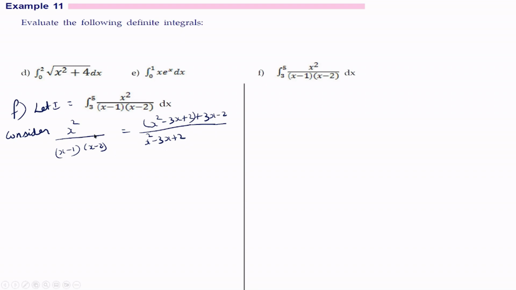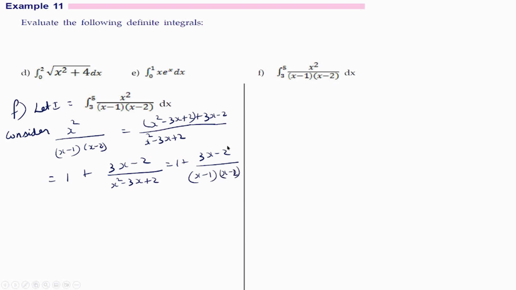So that we can have this together and 3x plus 2 separately. Even if we perform long division, we will get 3x minus 2 as the remainder. So this will be 1 plus 3x minus 2 upon x square minus 3x plus 2. So this is 1 plus 3x minus 2 upon x minus 1 into x minus 2.